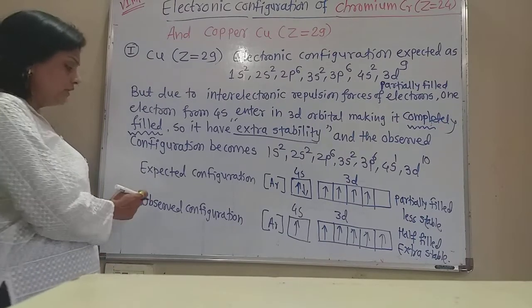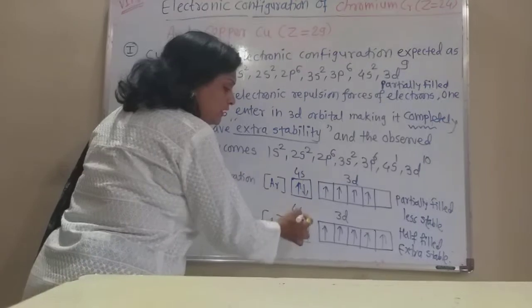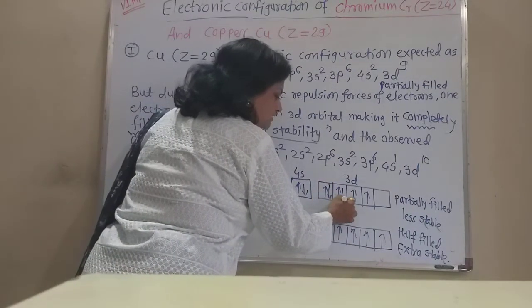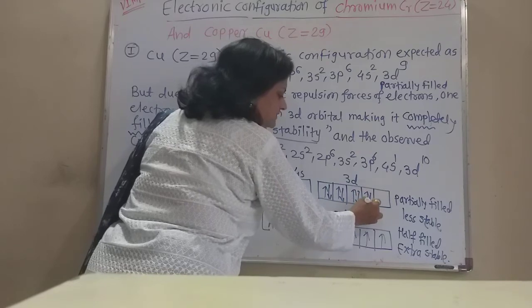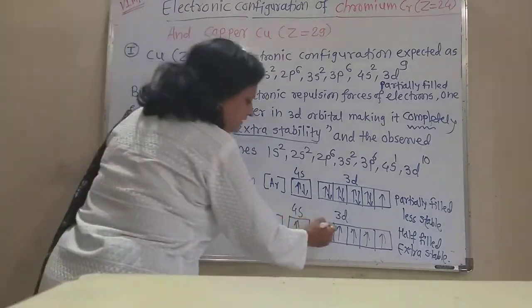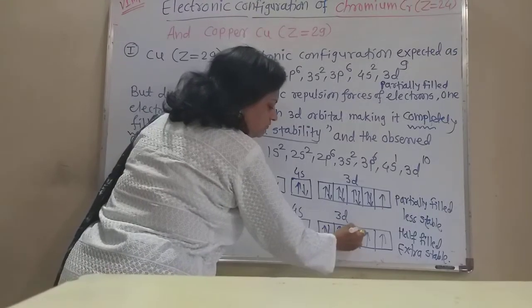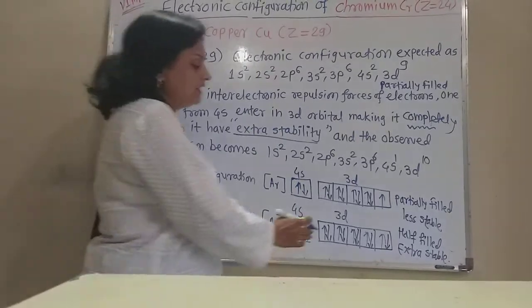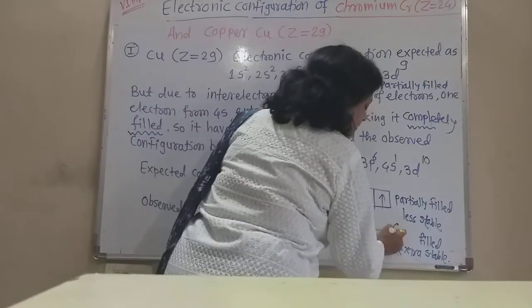Now here also in the orbital diagram, this 4s electron goes to this. Here these 9 electrons are shown in this way. These are 8 and this is the 9. Now this is partially filled. Again, 1 electron comes into the 3d orbital, making it a completely filled orbital.